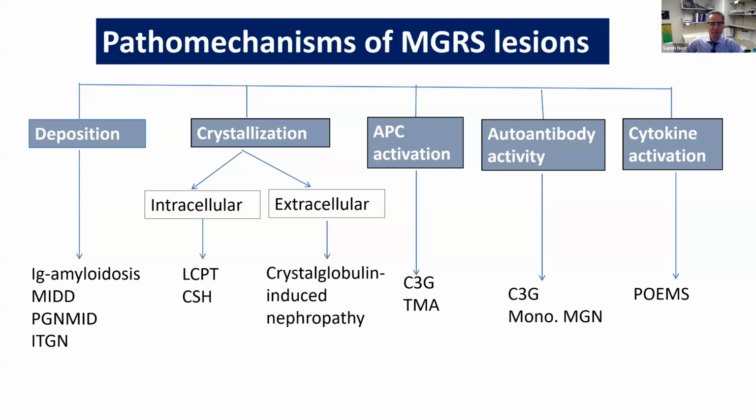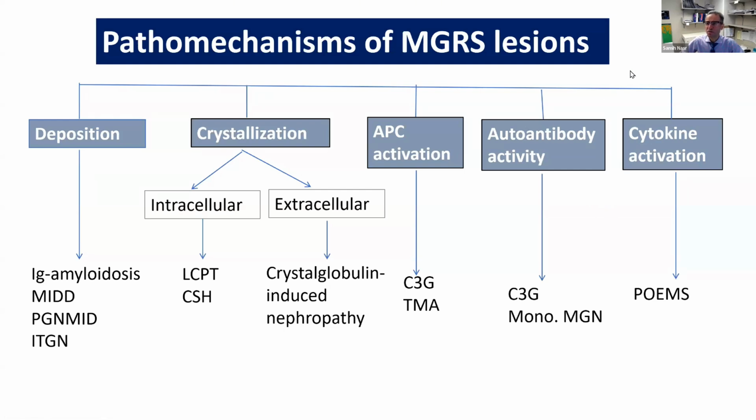And the monoclonal protein in these lesions can cause kidney damage by multiple mechanisms, most commonly by deposition in the kidney parenchyma, sometimes by crystallization in the kidney, either intracellularly or extracellularly, and rarely by other mechanisms, such as activation of the alternative pathway of complement, autoantibody activity, or cytokine activity.